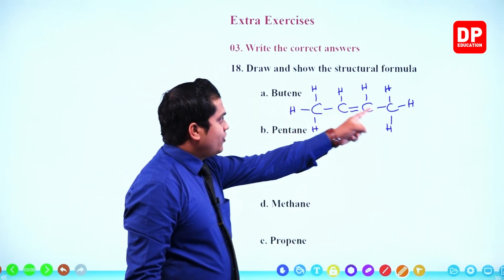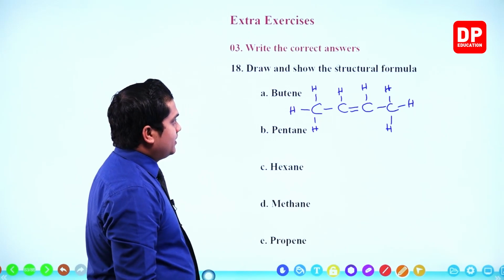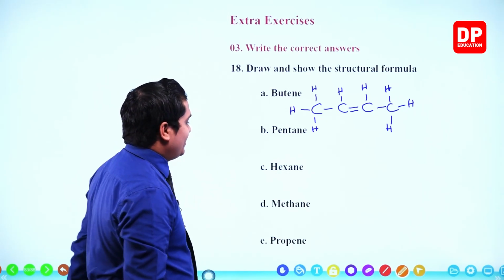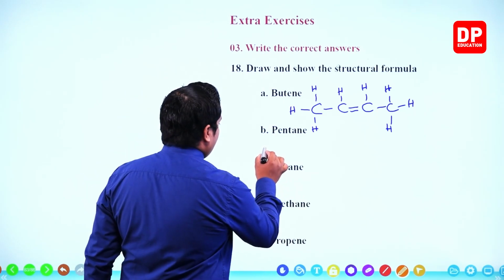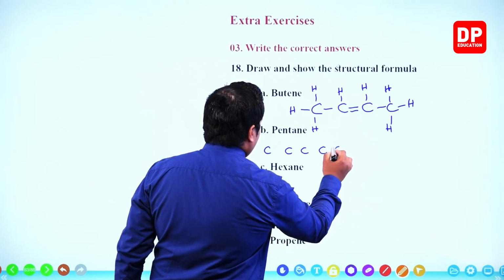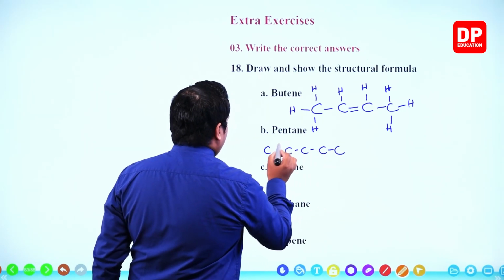So C4H8, our answer is correct. Butene. Next one, pentane. Simple, my dear children. Here we go. 1, 2, 3, 4, 5 single bonds as it is an ane.